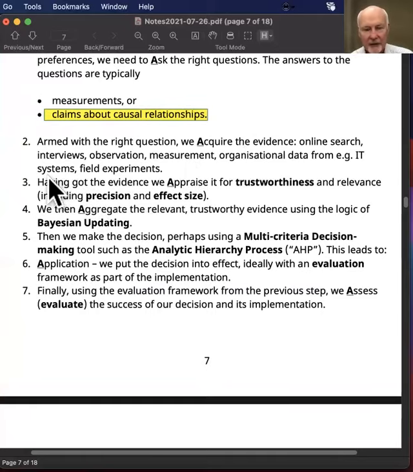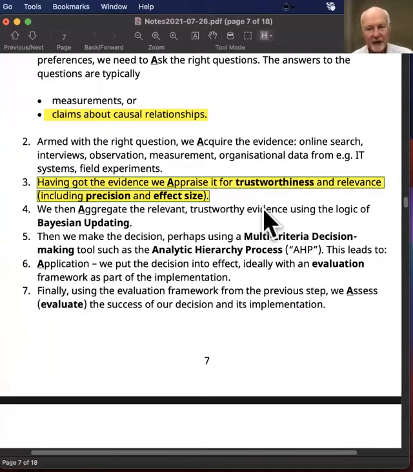Now, we then get to quite a tricky thing. This is number 3, appraising evidence. So let's say you found a journal article, and what you're interested in is, how trustworthy is it? How much weight should I give to this journal article in drawing conclusions about, say, the causal relationship that I'm interested in?